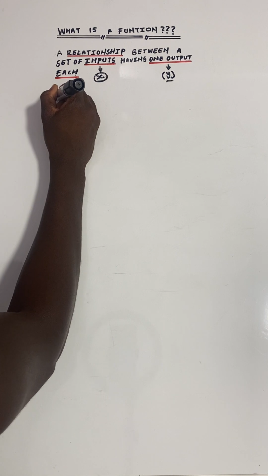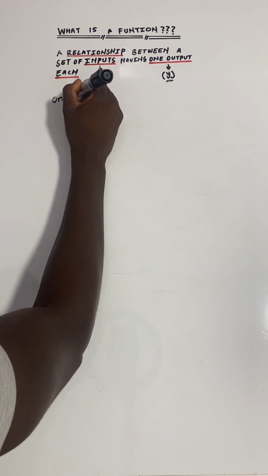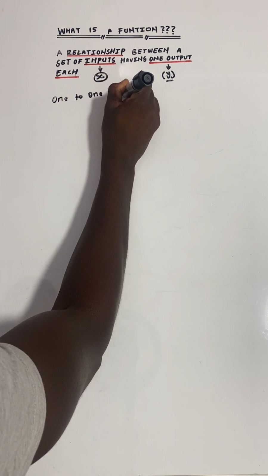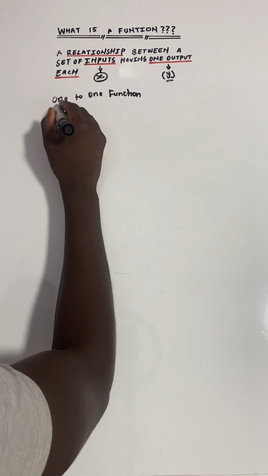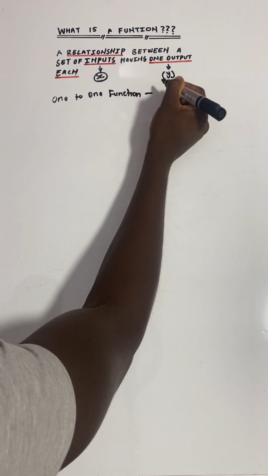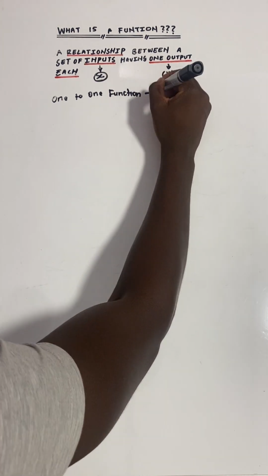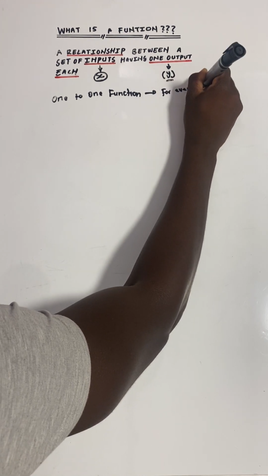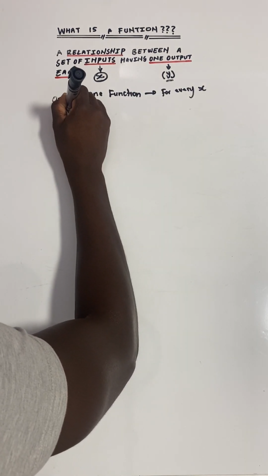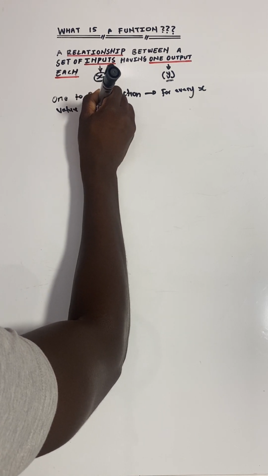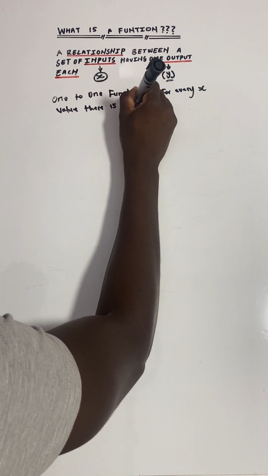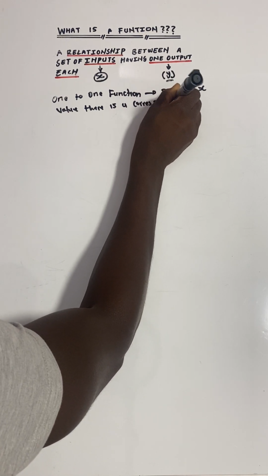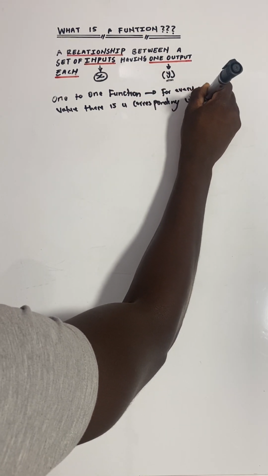Firstly, we have a one-to-one function. Now, what is a one-to-one function? That simply means that for every x value, there is a corresponding y value.